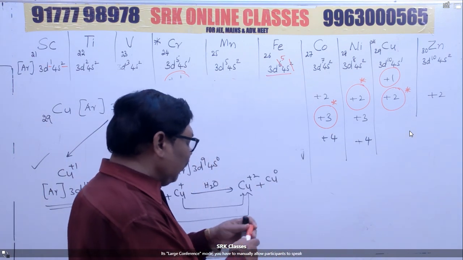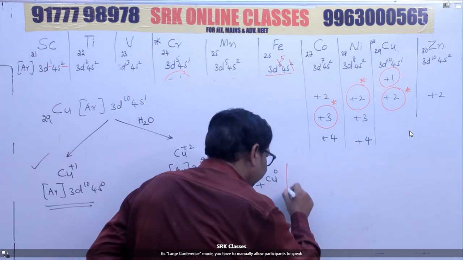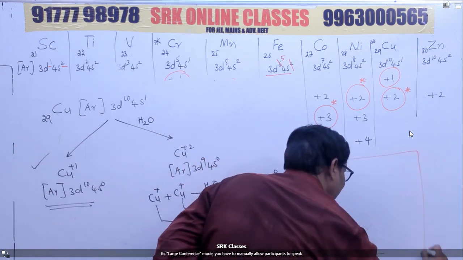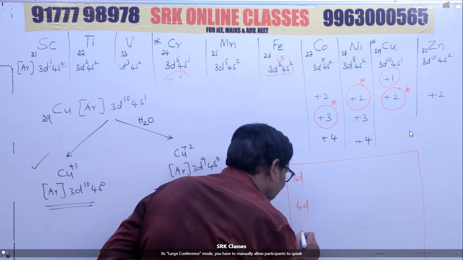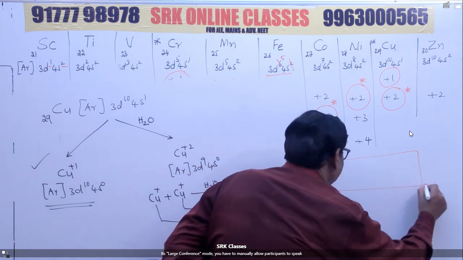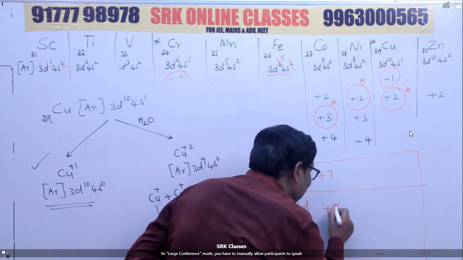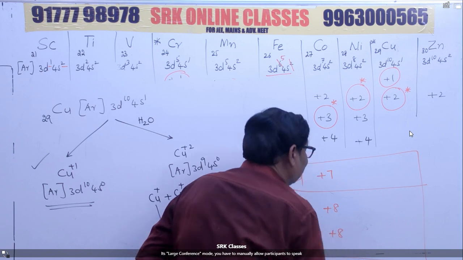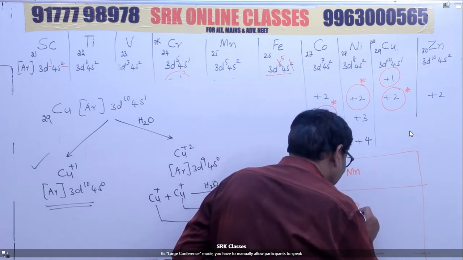And apart from that, I want to give another 3 important points here. First one, in 3d series, 4d series and 5d series, 3d series maximum oxidation state is plus 7. 4d is plus 8. 5d is plus 8. In 3d series, that shows manganese. Here it is ruthenium.